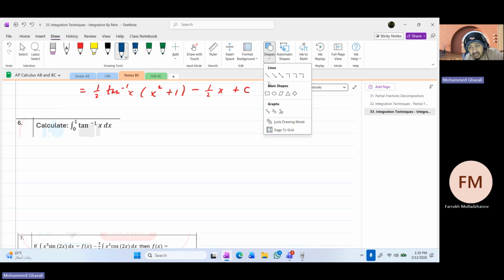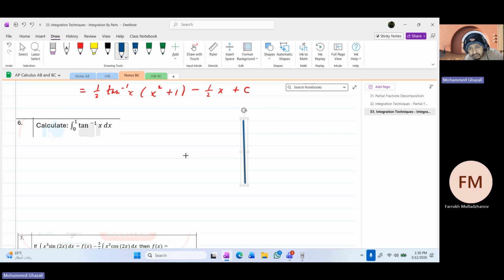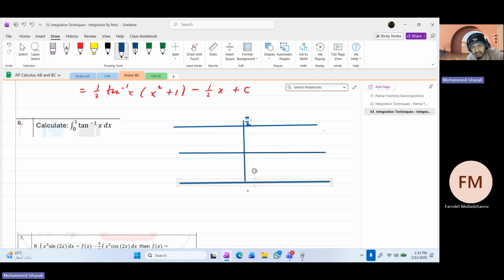The tan inverse graph looks like this: the asymptotes are at pi by 2 and minus pi by 2, with the x-axis and y-axis here.